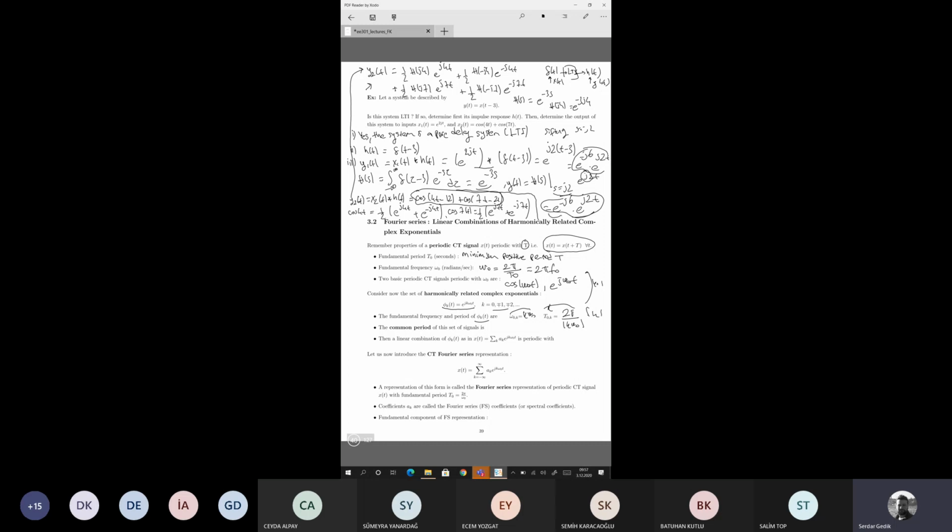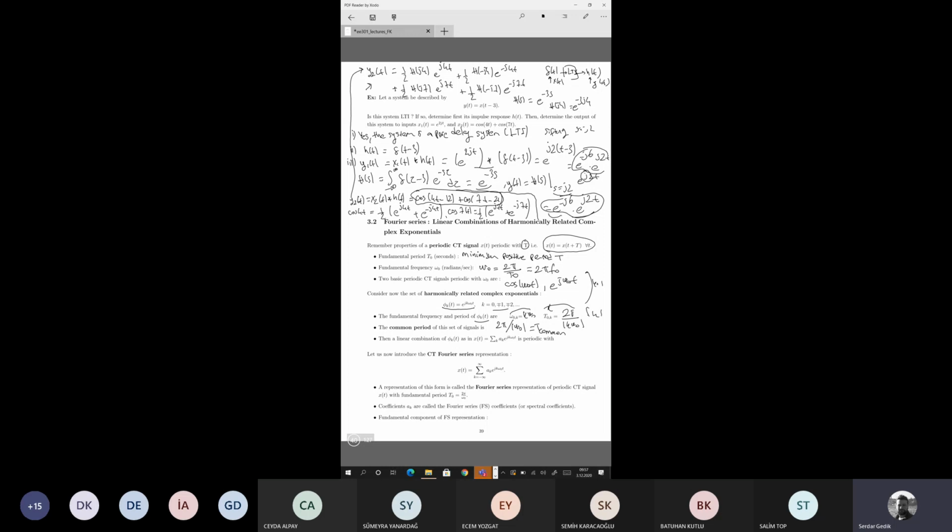So all of those phi k's are periodic with the common period, which is 2 pi over the absolute value of omega 0. Again, omega 0 can be negative, so I put an absolute sign here to be safe. This is called T common. So 2 pi over omega 0 is the common period of all of those phi k's.